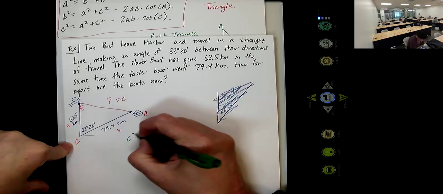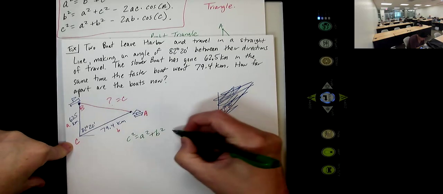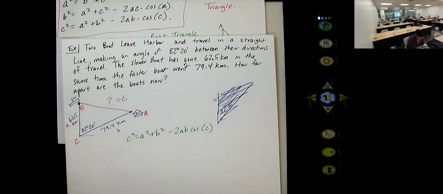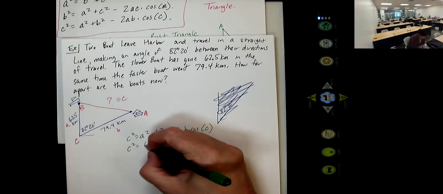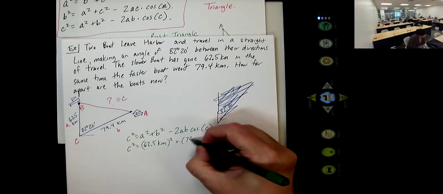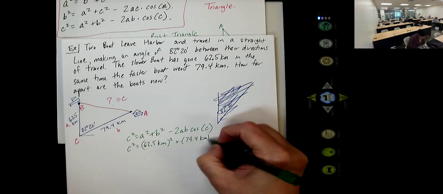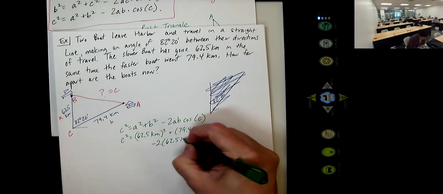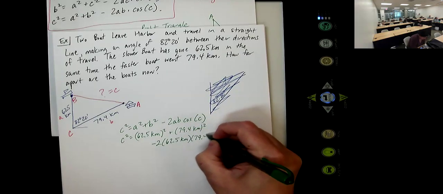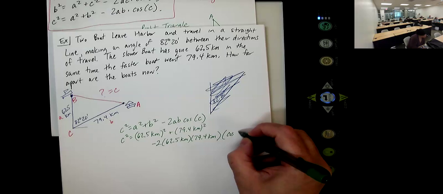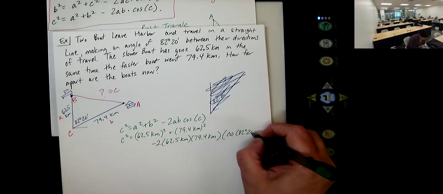So we're gonna use c squared equals a squared plus b squared minus 2ab cosine C. C squared equals 62.5 kilometers squared plus 79.4 kilometers squared, minus 2 times 62.5 kilometers times 79.4 kilometers times cosine of 82 degrees, 20 minutes.